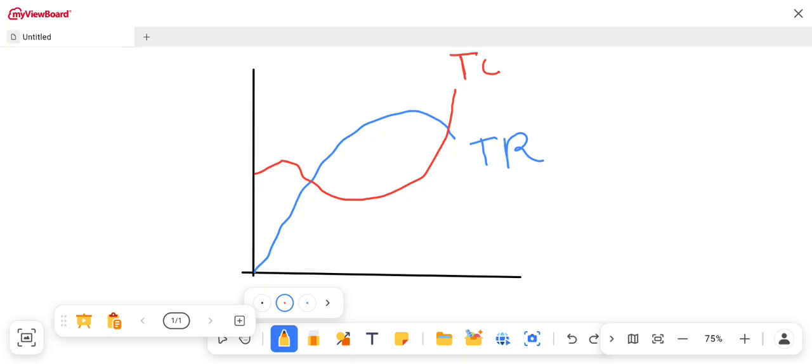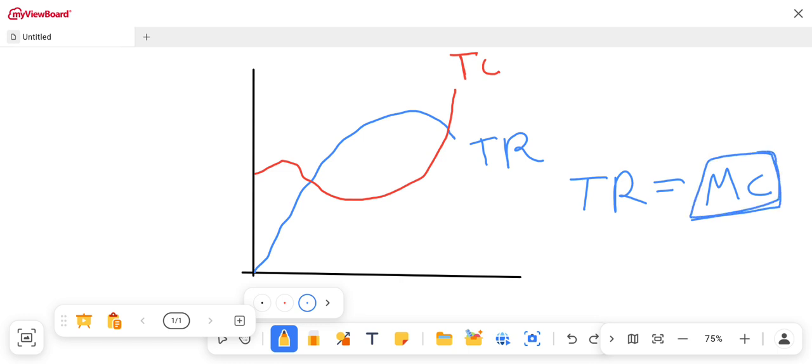Now if the question is asked to derive the relationship between marginal cost and marginal revenue from total cost, we know that we have to differentiate TR and TC. When we differentiate TR, we get marginal revenue, which is basically the slope of TR. Sorry, I made a mistake here.